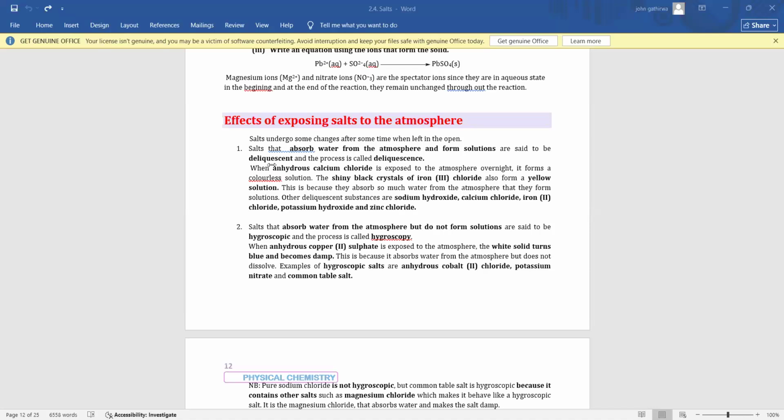Describe how you can prepare sodium hydrogen carbonate, starting with sodium metal.